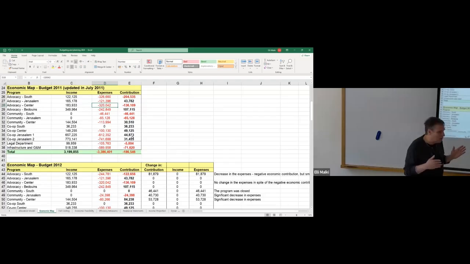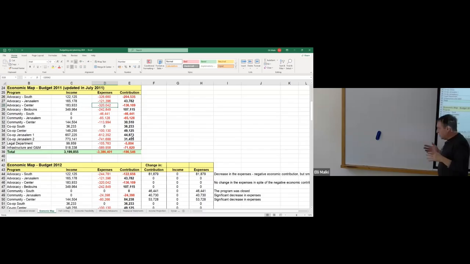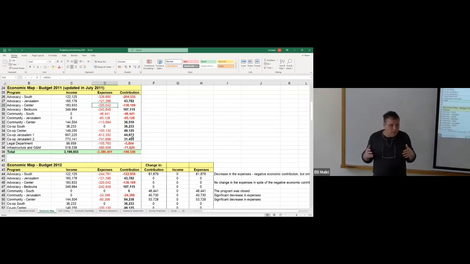Because what this director told me was, if I have to decrease or close my advocacy programs, I might as well close the organization. According to her perception, the advocacy programs are the core, the heart of the organization. So I want to leave them the way they are or decrease them in a minimal way.